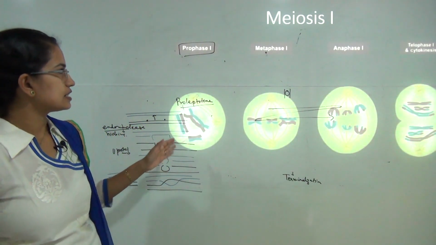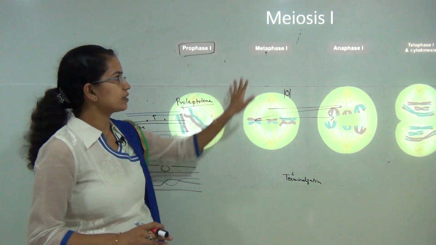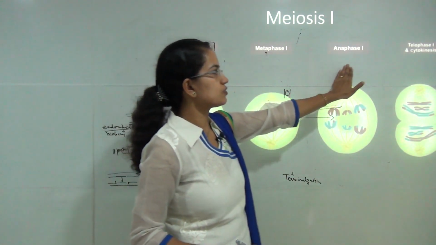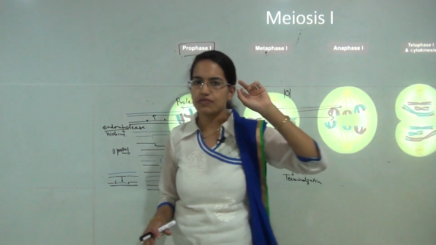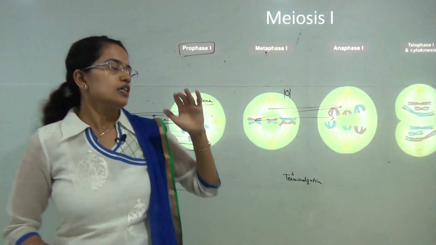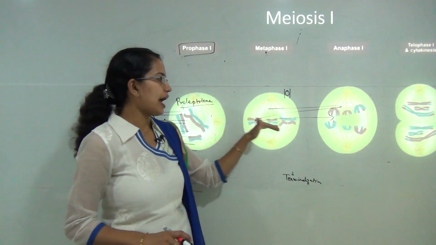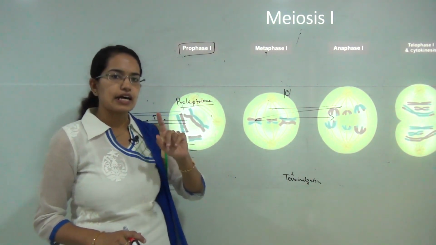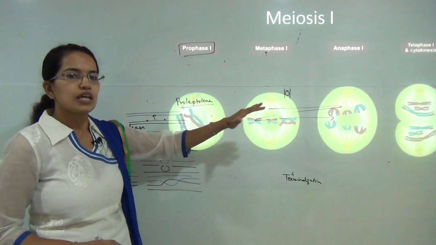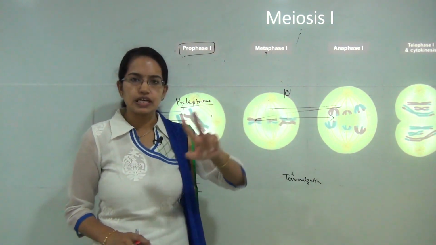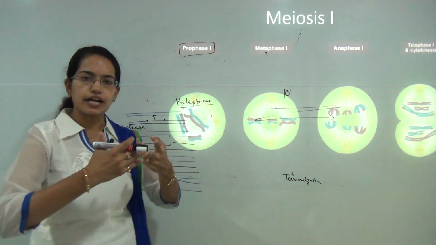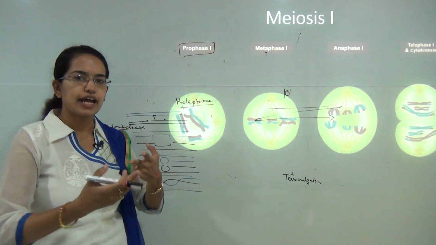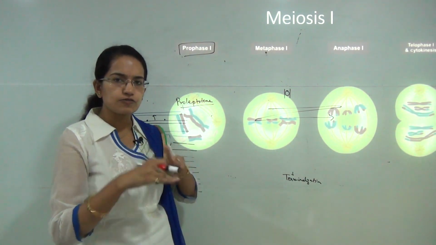Now the next stages, so prophase 1 already talked about. Now metaphase 1, anaphase 1 and telophase 1 would be similar to what we talked about in mitosis. Under meiosis again you would have arrangement of the chromosomes at the equatorial plane. However, these chromosomes which are arranged here have a kind of crossing over, so there has already been the exchange of genetic information.